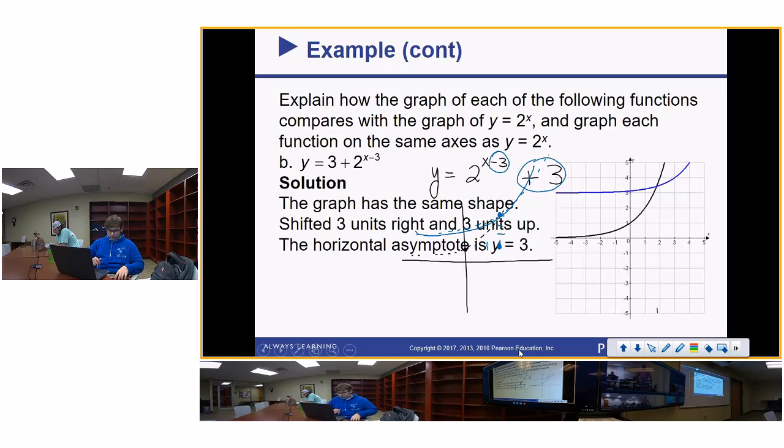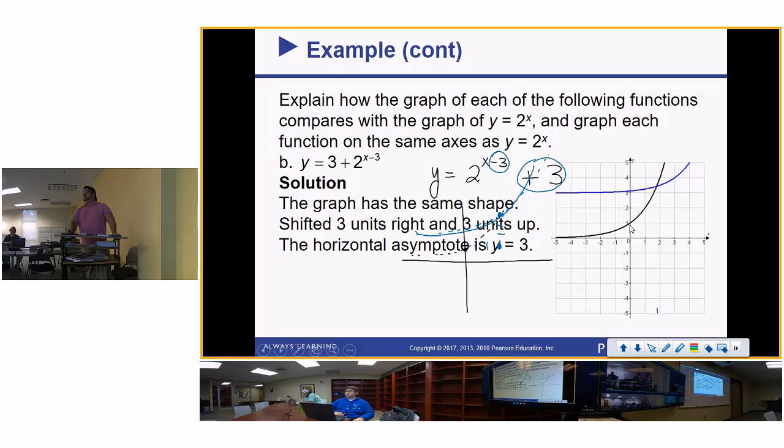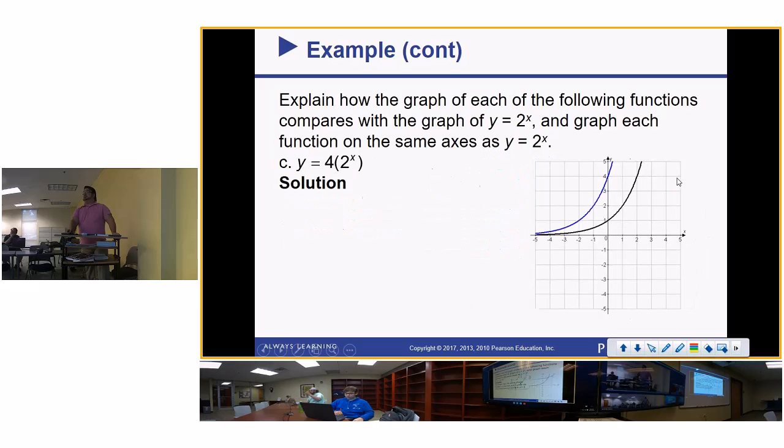There it is, see? They took this spot and they moved it 1, 2, 3, 1, 2, 3. So that spot is the same spot. Now what does that 4 do? That 4 is going to compress it, because it stretches it and it compresses it. The whole number.